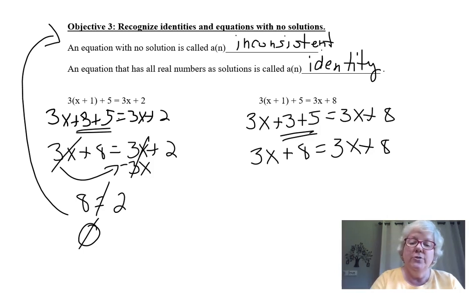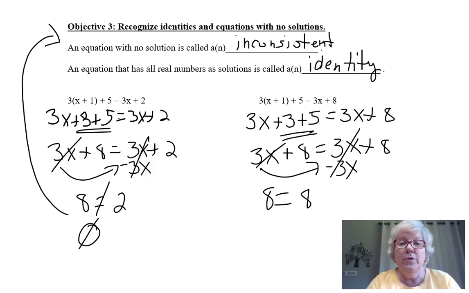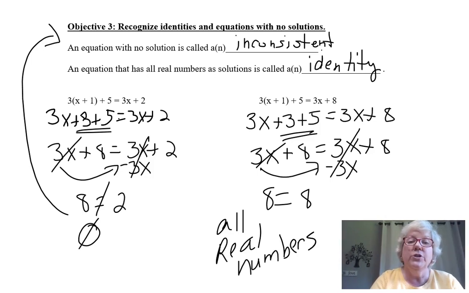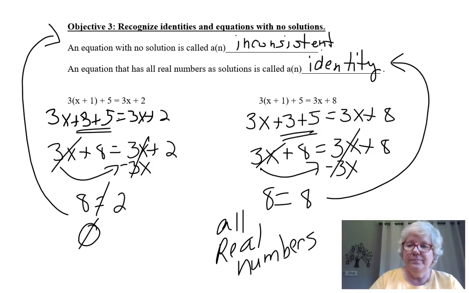If you do try to move a term over, let me move that x term over. That gives me 8 equals 8. Is 8 equal to 8? Yes, it is. So we say that this answer would be all real numbers. Every number in the world would serve as a solution here. It's an identity.